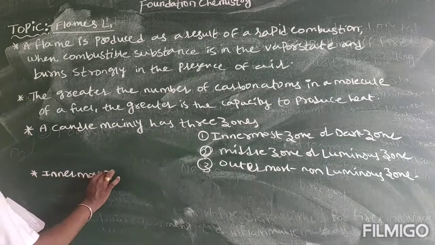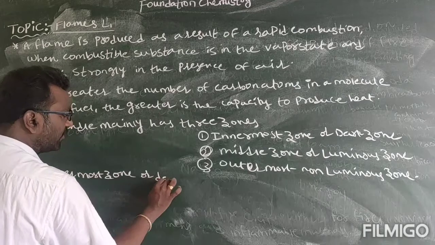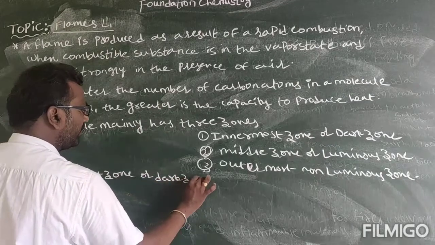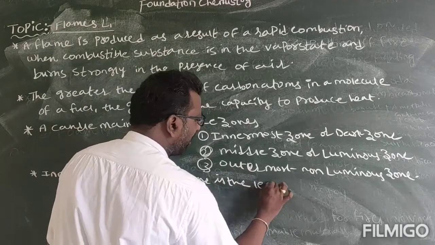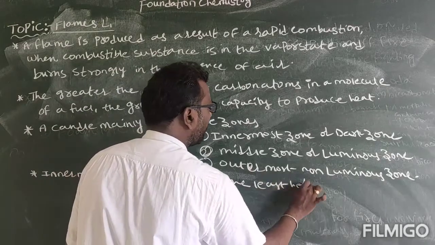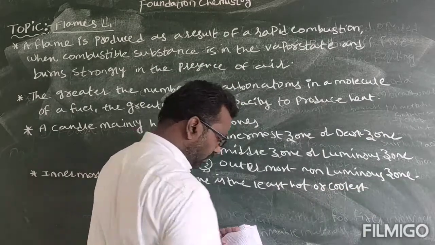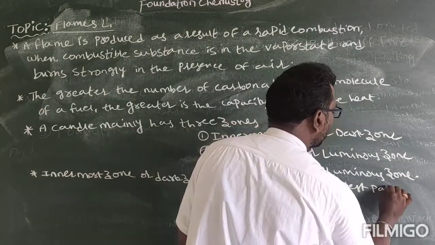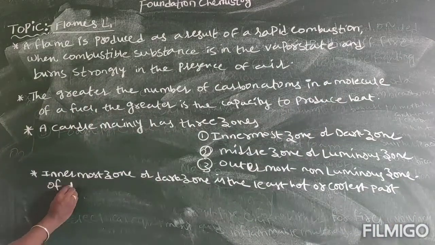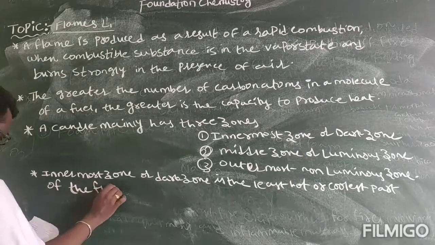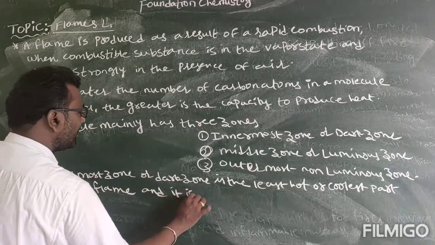Innermost zone or dark zone is the least hot, or you can say the coolest part of the flame, and it is dark.